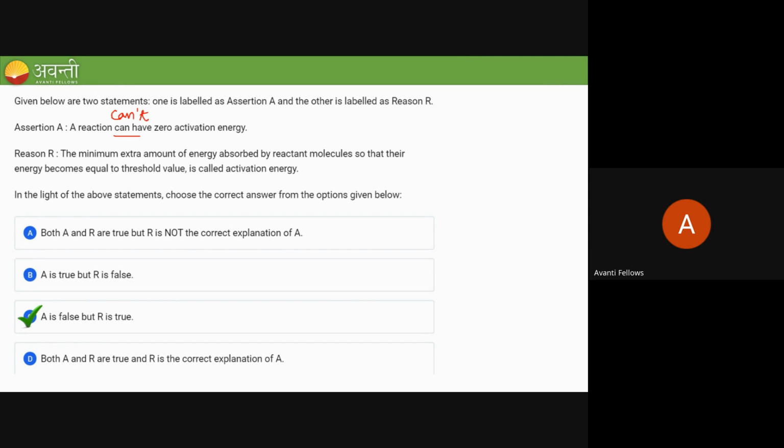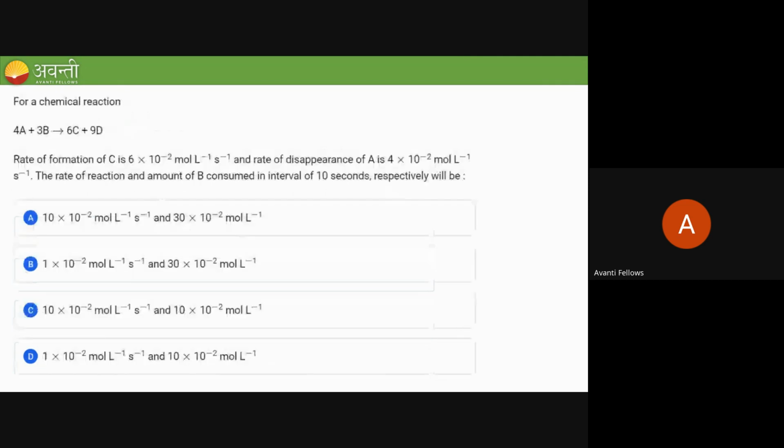The next question is, for a chemical reaction 4A plus 3B giving 6C plus 9D, the rate of formation of C is given. Rate of formation of C is nothing but dC by dt.